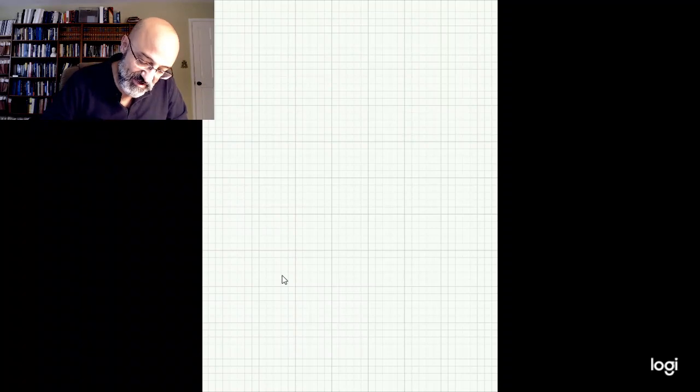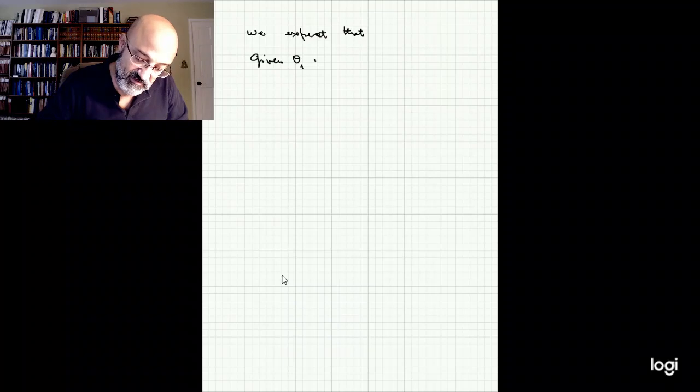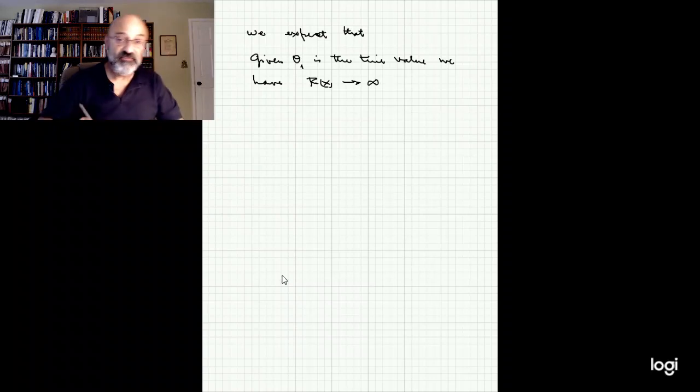Let me say, this is a sloppy version of the theorem. We expect, that's what the sloppy version of a theorem is, it's an expectation, that given theta 1, assuming that theta 1 is the correct value, the true value, we have that ratio R go to infinity as n goes to infinity.